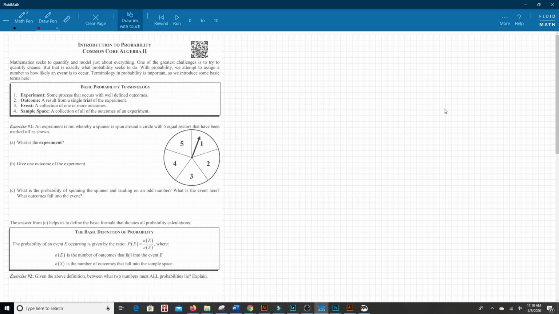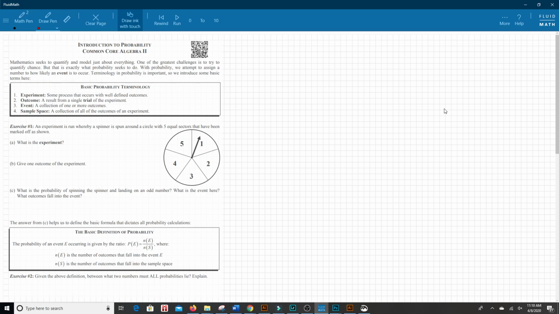Again, I'm looking at e-math learning, the worksheet I did assign. For those of you who are just coming here, just being curious, we're looking at an introduction to probability. This is part of an Algebra 2 Common Core curriculum. So terminology in probability is important. We introduce some basic terms.